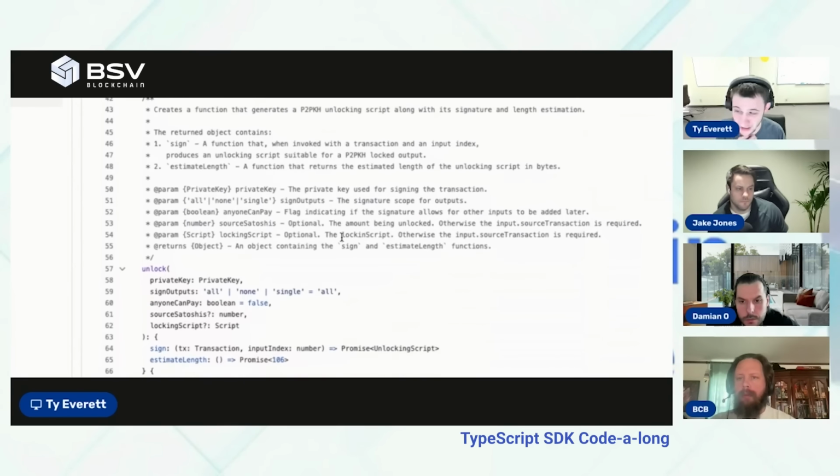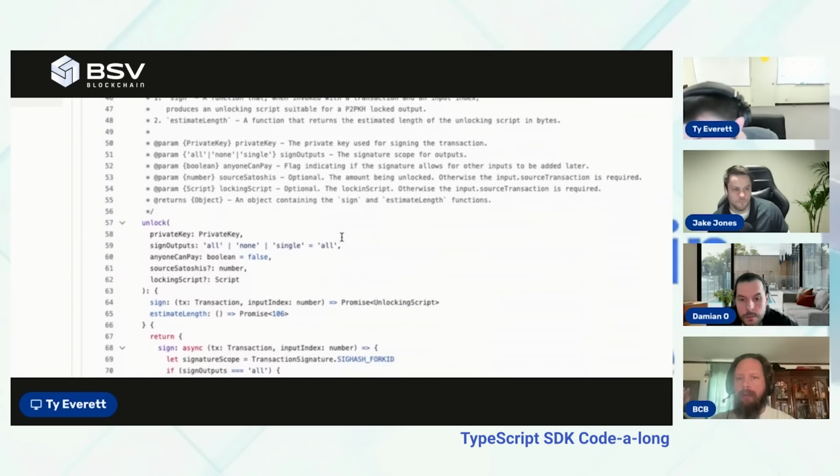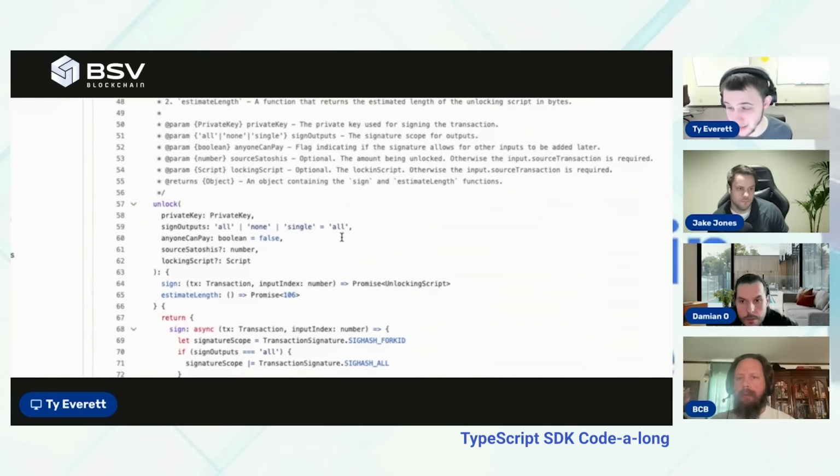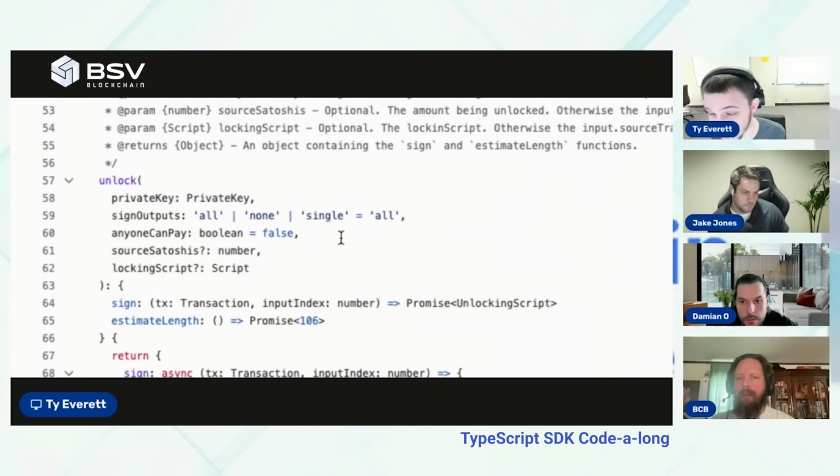Moving on to how we unlock with this template, right? You pass in a private key, and then I added some other things. So when you unlock a pay to public key hash output, you might want to determine some scoping on the signature that you're making, right? Maybe you're signing something for all of your outputs, or none or single.